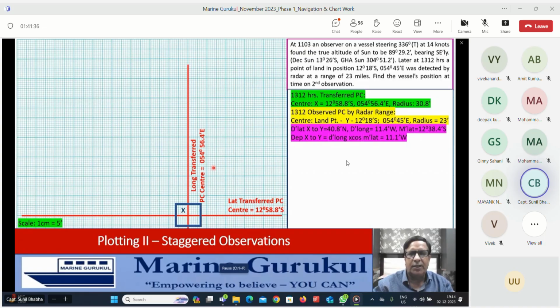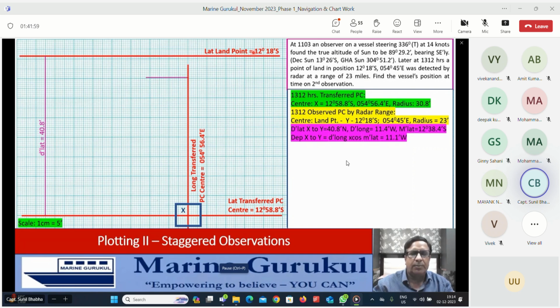Using this scale, we can mark off the DLAT and get the latitude of the point Y. The DLAT was 40.8 minutes north. We mark off that DLAT and we get the latitude of point Y.